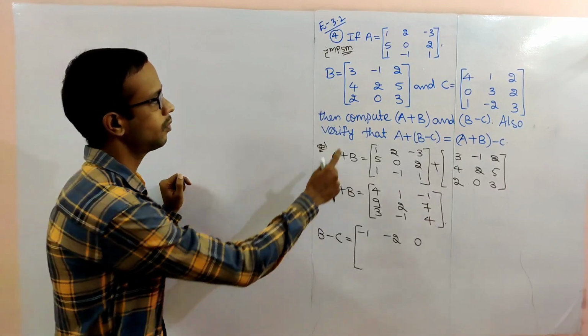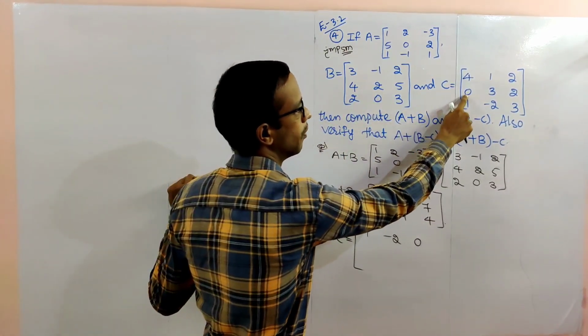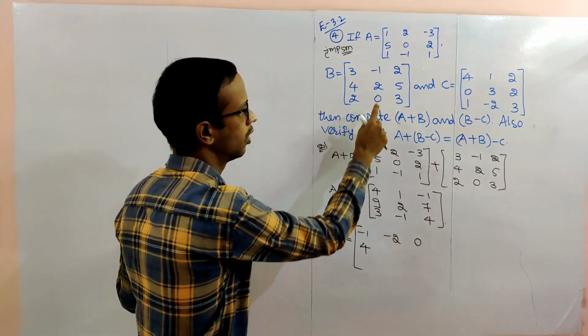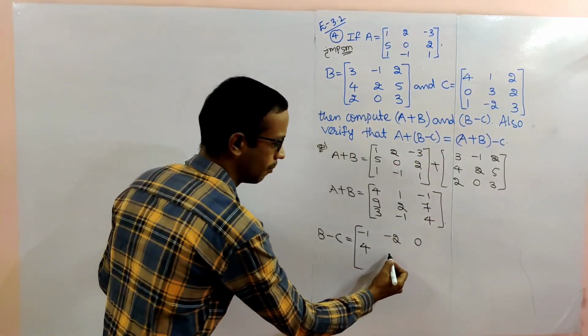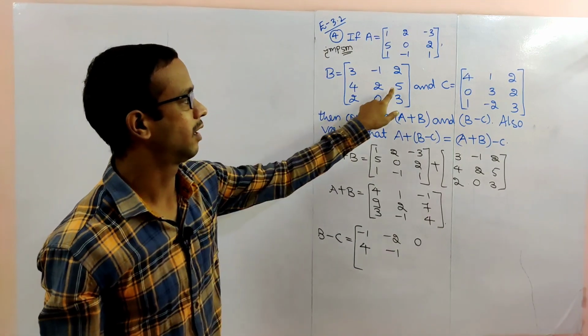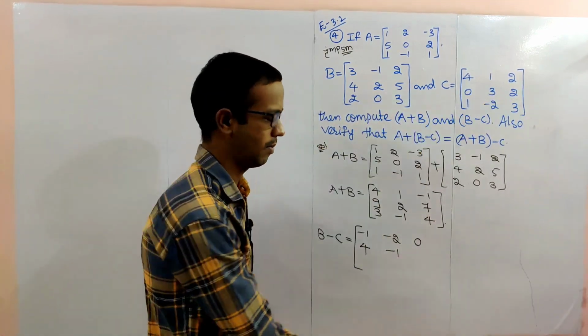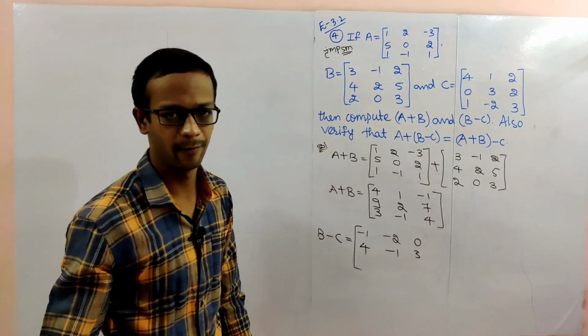Next, 4 minus 0 is 4. 2 minus 3 is minus 1. Next, 5 minus 2 is 3.